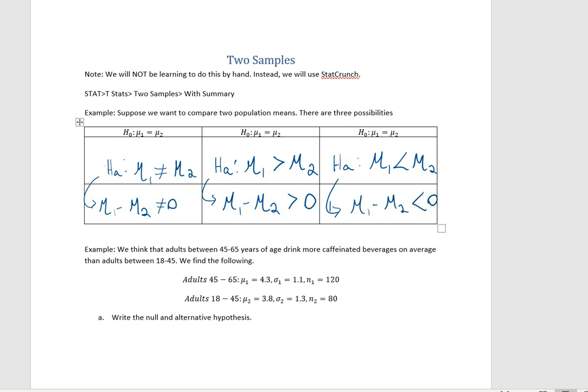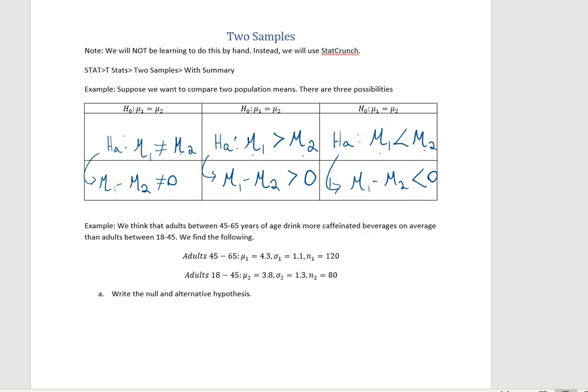So for example, if you were comparing the average age of death between men and women, you could either have an alternative hypothesis that they're just different, that men have a higher average death rate than women, or that men have a smaller average death rate than women.